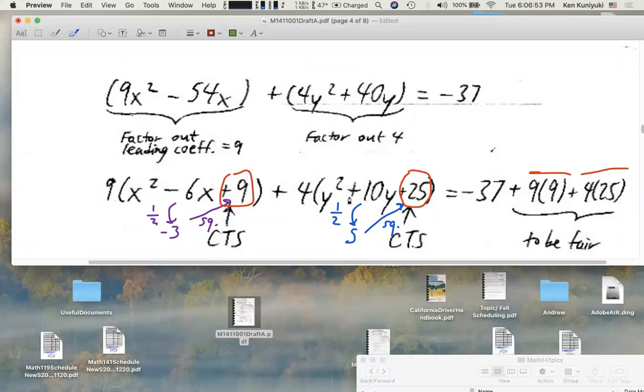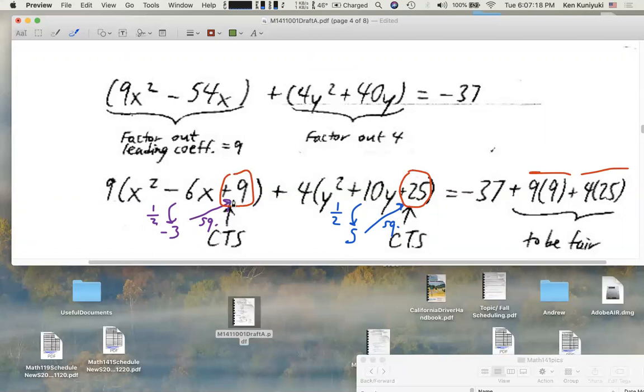But we can't just put in numbers because we feel like it. We have to pay for them. In this case here, we're going to balance things out. We're going to pay for these insertions over here by making adjustments on the right side. So now, if we insert a plus 9 inside here, are we really just adding 9 to the left-hand side? Well, the thing is, look at the 9 out here.